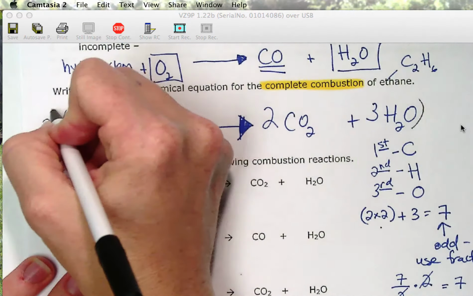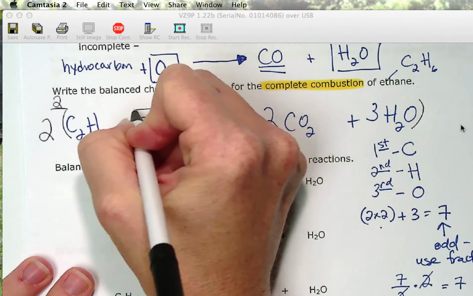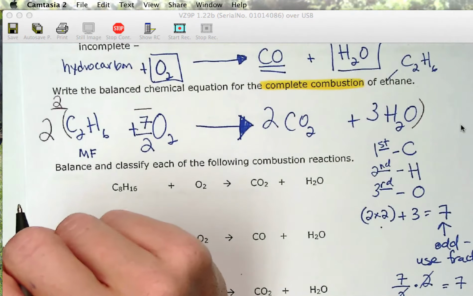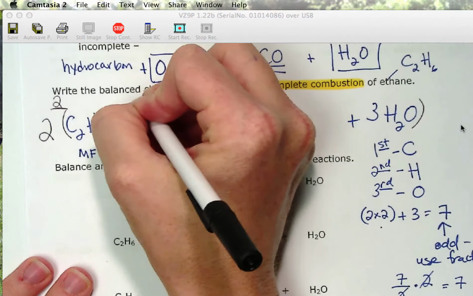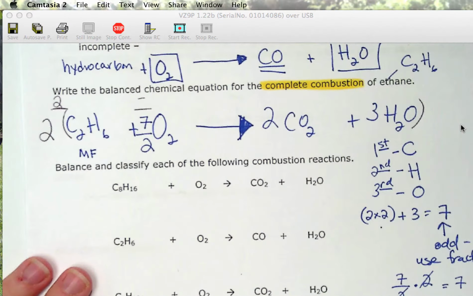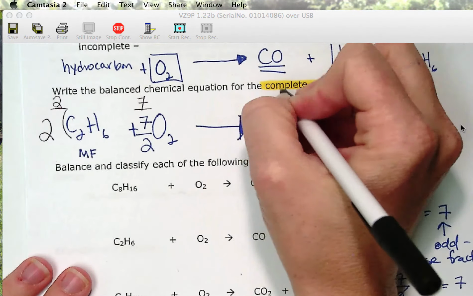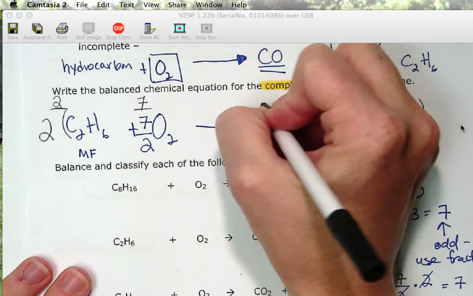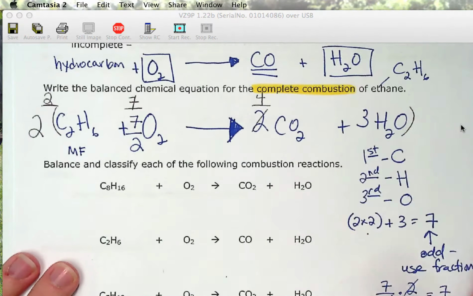So now my coefficient in front of ethane is going to be 2. My coefficient in front of oxygen will be what? 7. Yeah, 7. My coefficient in front of CO2 will be 4. My coefficient in front of water will be 6.